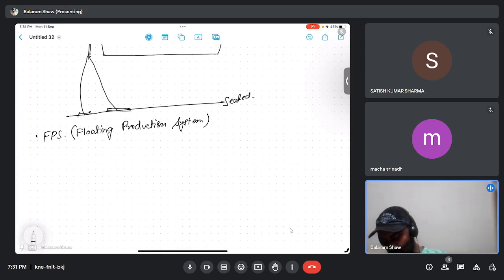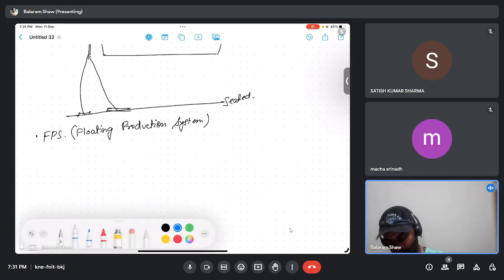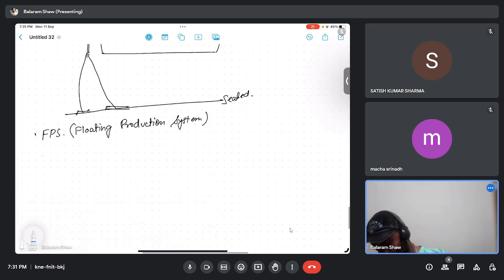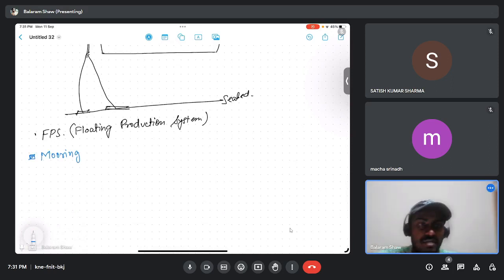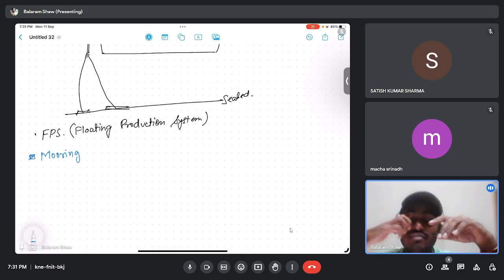So what I was about to discuss was mooring. What is mooring? Mooring is any permanent structure to which any vessel may be secured with lines or anchors.